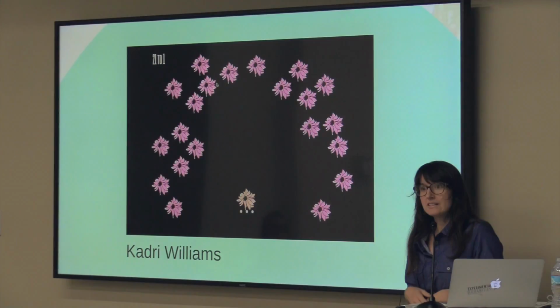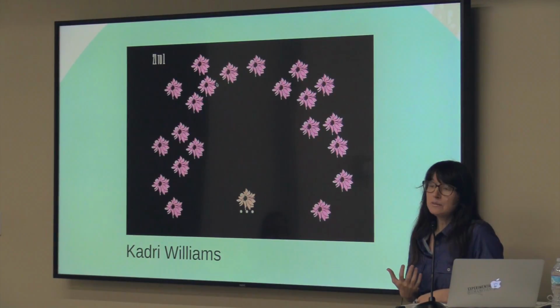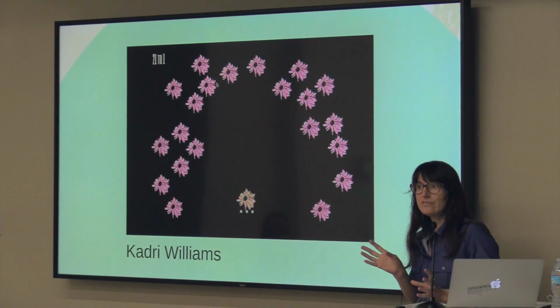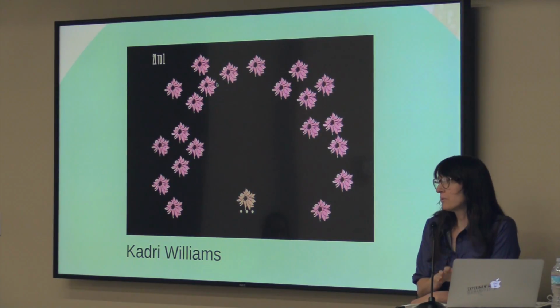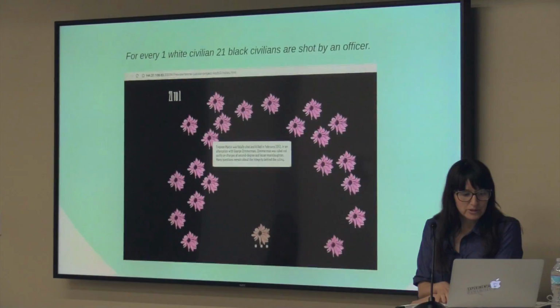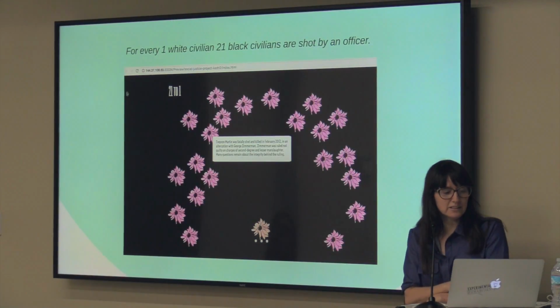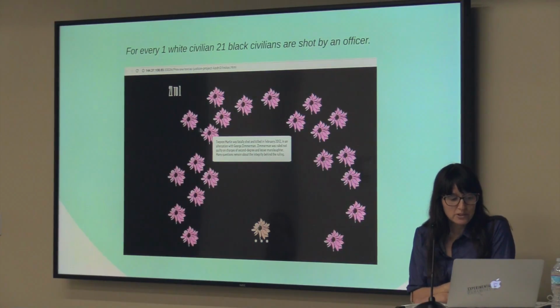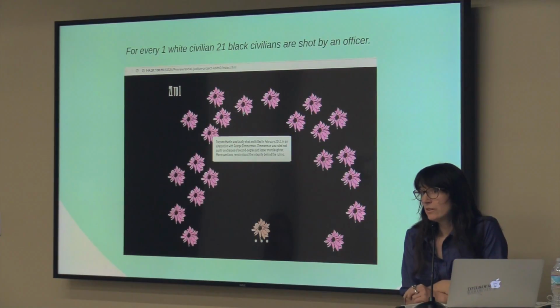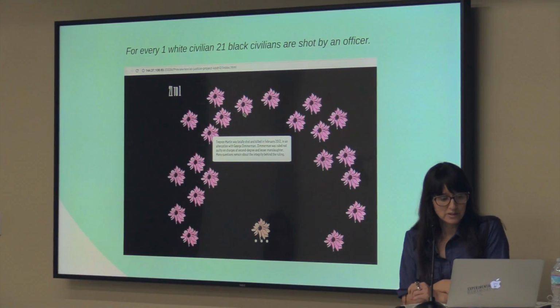And so he decided to use something really beautifully designed, or at least graphically pleasing, to get people to start to explore. And then one realizes as you go in that the 21-to-1 is a statistic, the ratio of young Black men killed, and mousing over these different flowers actually gives information about those individuals.